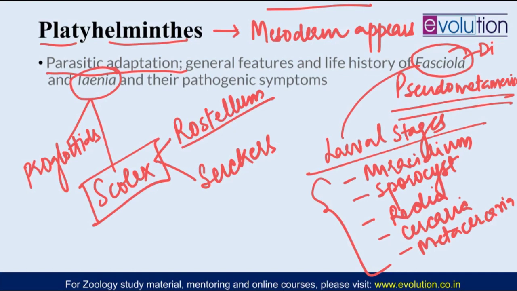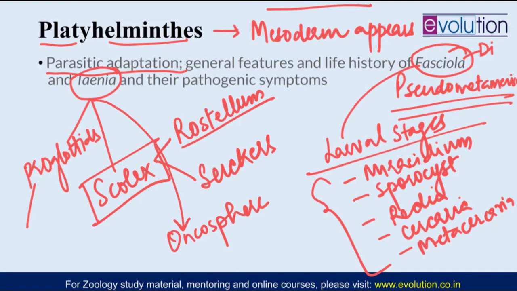Under proglottids, you have to describe the immature, mature, and gravid proglottids. The comparison between the immature, mature, and gravid, specifically between mature and gravid proglottids, is also very important. Here in Taenia, the other topic which is very important is the oncosphere, and then the other larval forms.